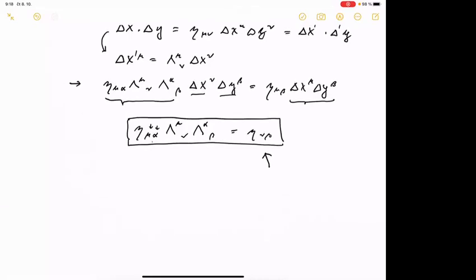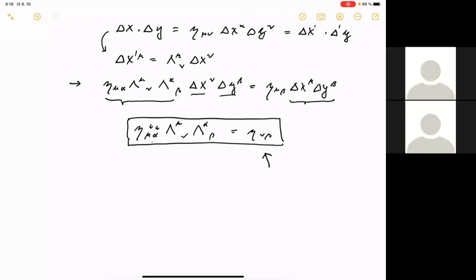So this is the definition of the Lorentz group, and now we can try to find some consequences of such a definition.